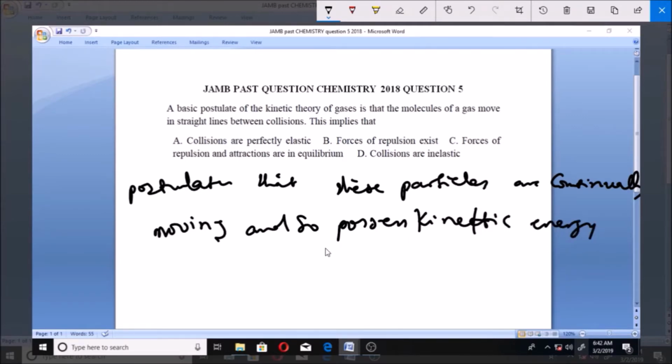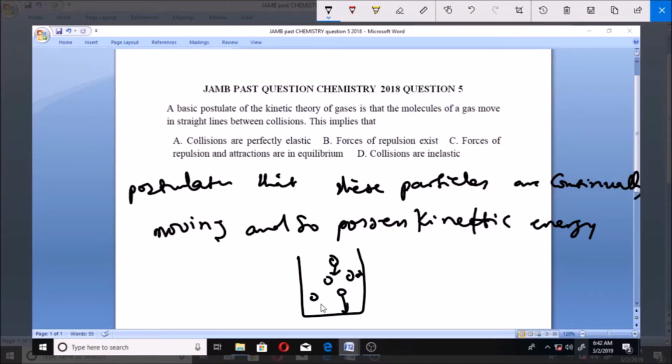So that is the postulate. According to the assumption of kinetic theory of gases, they move in a straight line between collisions. The gas molecules will collide with one another and with the walls of the container. So if you have gas molecules, they are constantly colliding with one another, and they are also colliding with the walls of the container.